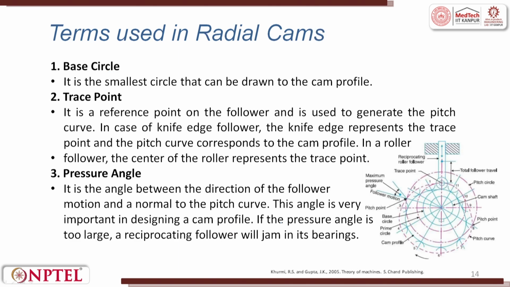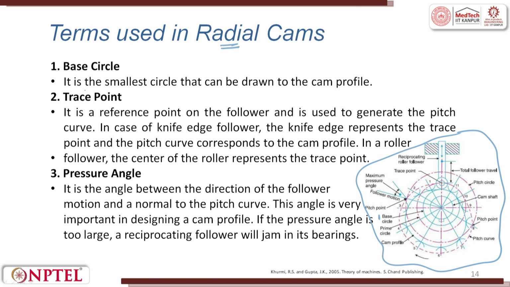So, now let us look into some of the terms in a radial cam. The most important thing is the base circle. You can refer to this figure where all the details are given. First, we are trying to talk about the base circle.